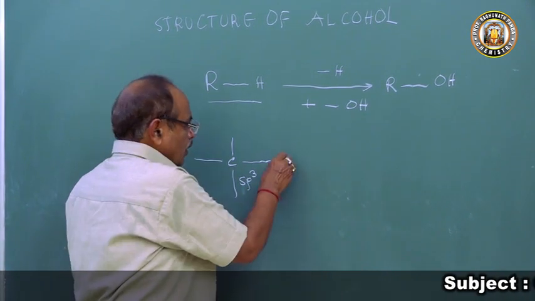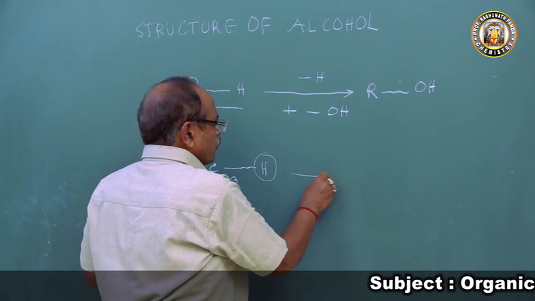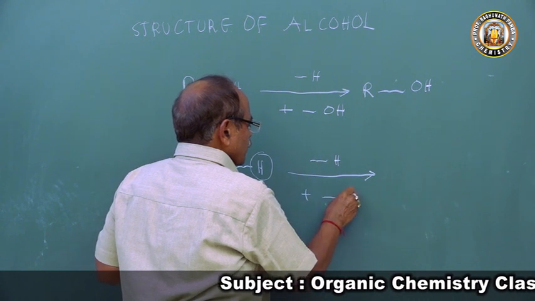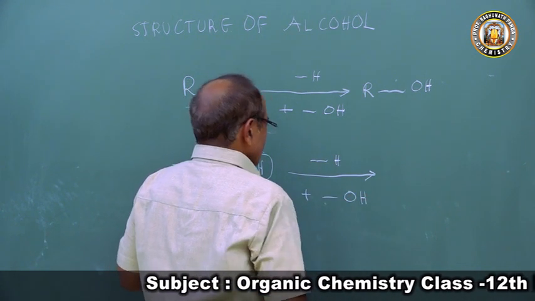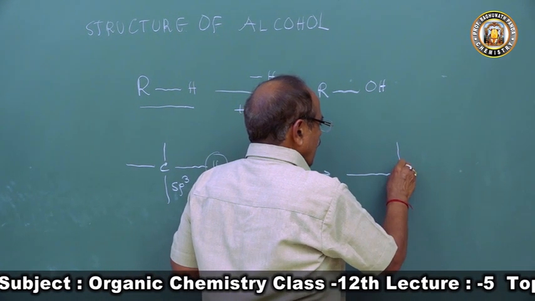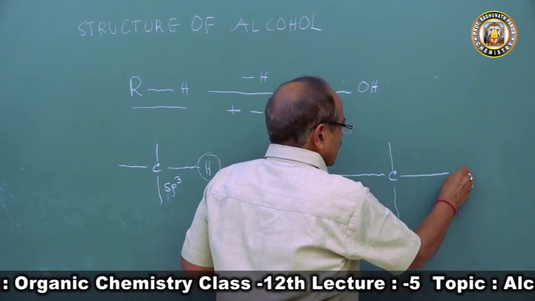Now what is happening? One of the hydrogen atoms of the alkane is substituted by the OH group. So in alcohol we get the carbon atom and the oxygen atom, the OH group.